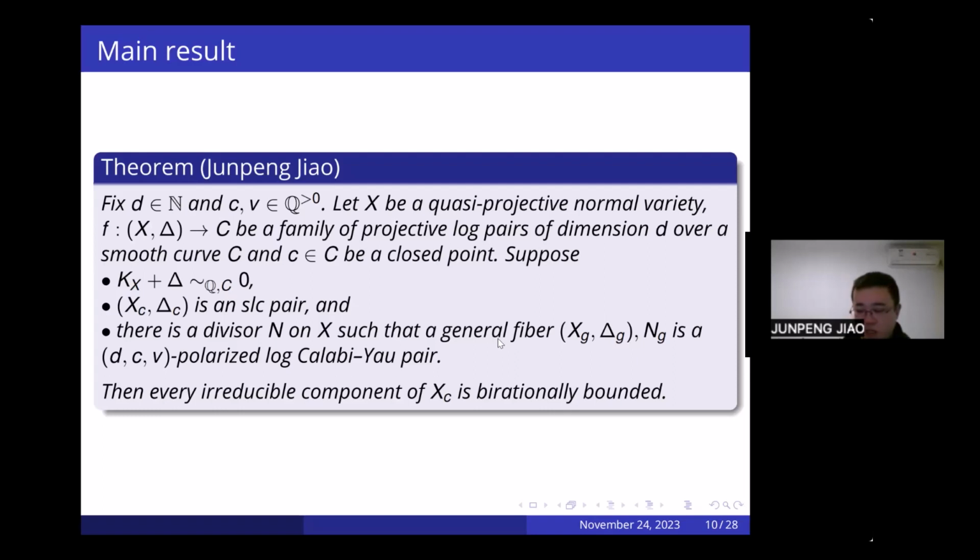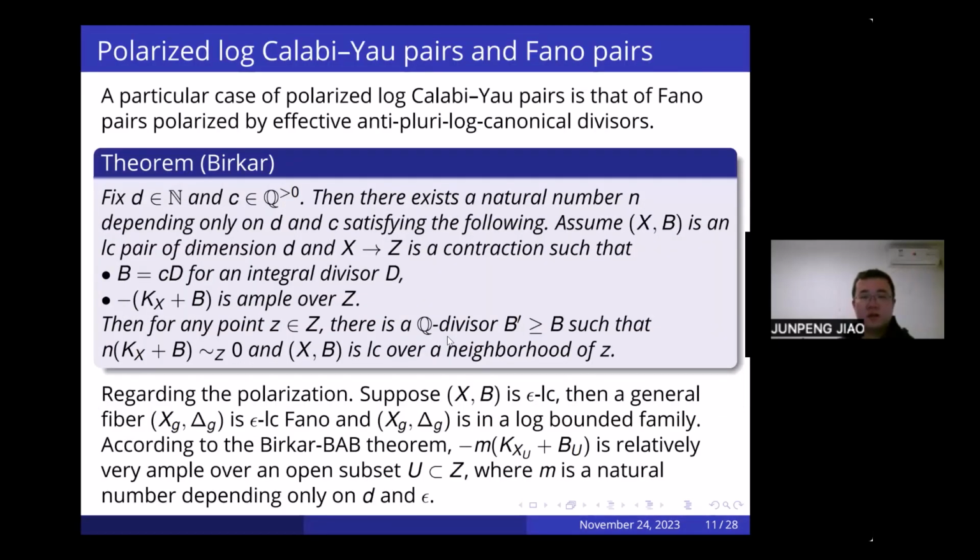It's birationally equivalent to a fiber of a projective morphism, which depends only on D, C, V. And a particular case of polarized log Calabi pair is that of Fano pairs, polarized by effective anti-log canonical divisors. That is, Fano pairs will naturally lead to a polarized log Calabi pair.